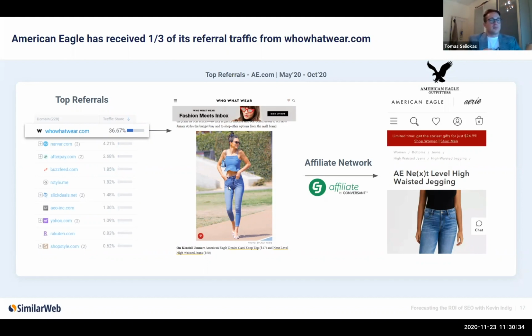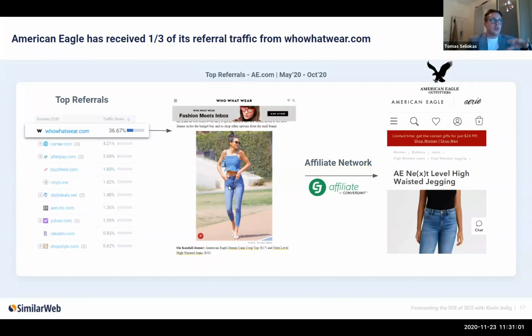So it's a very good partnership because it's people who do care about fashion. They come there to find new fashion ideas, and it's reviewed, and you already have celebrities wearing those clothes. So it's a very good selling point for everyone, because if Kim Kardashian or Kendall Jenner is wearing it, maybe you should probably buy it because they're definitely really fashionable.